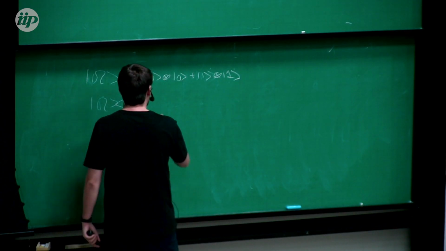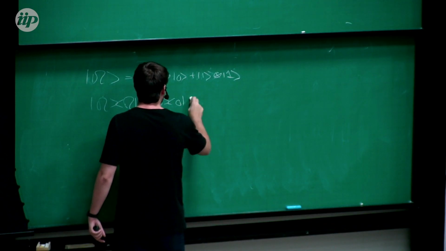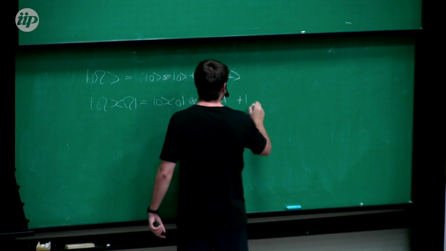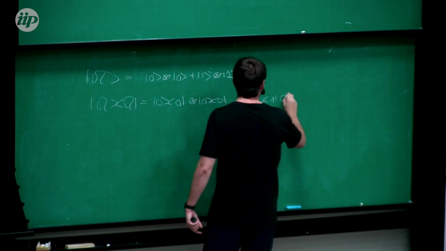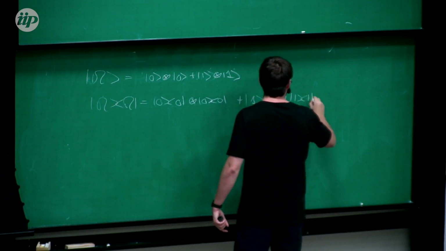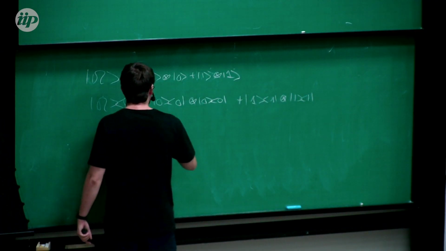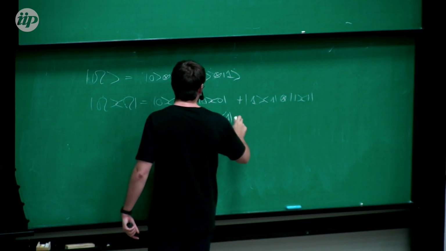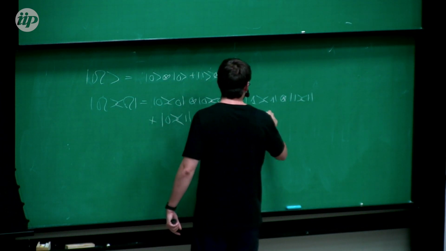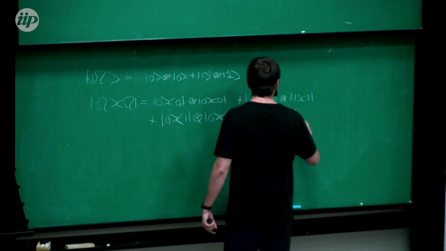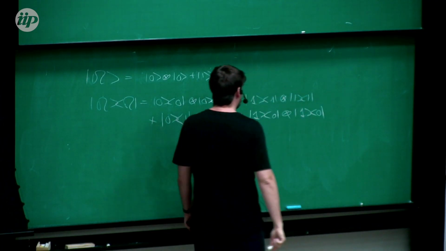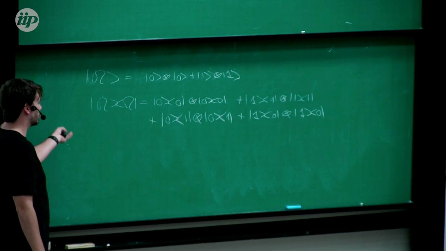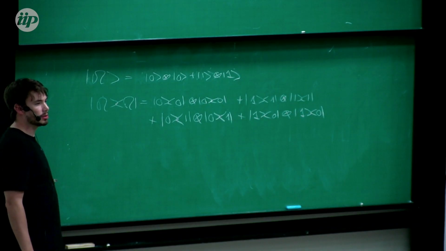So it will be 0 0 tensor 0 0 plus 1 1 tensor 1 1. So these are the diagonal elements, plus 0 1 tensor 0 1 plus 1 0 tensor 1 0. So this is the density matrix corresponding to the maximally entangled state, right?